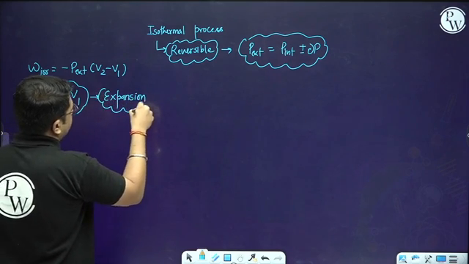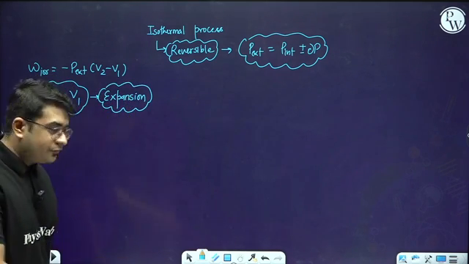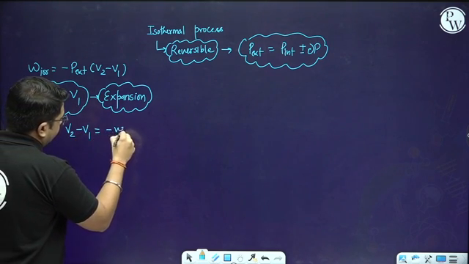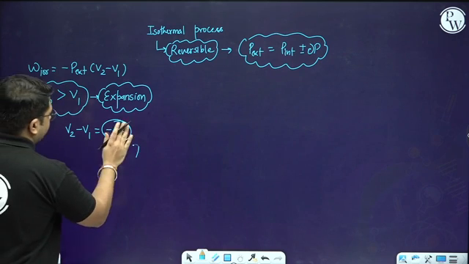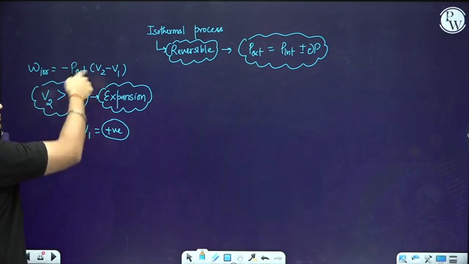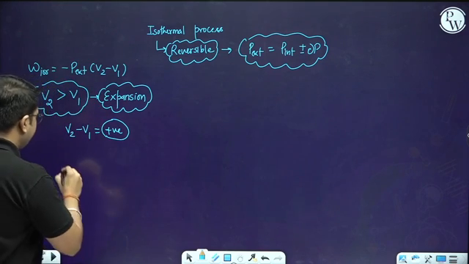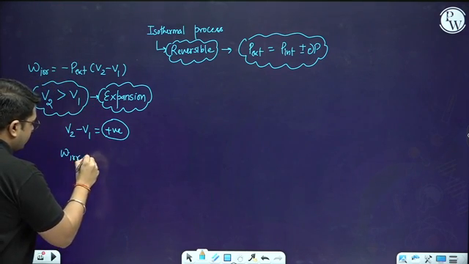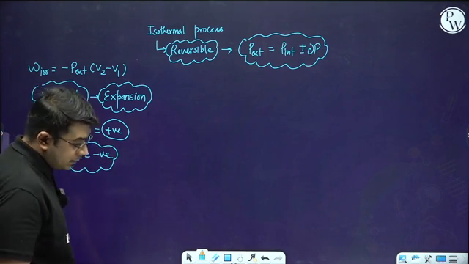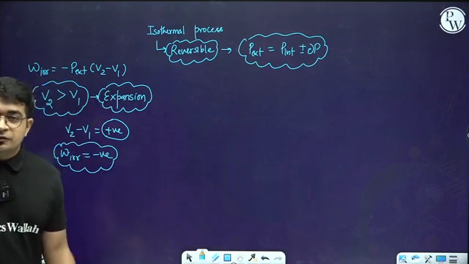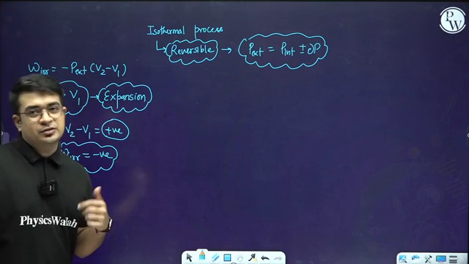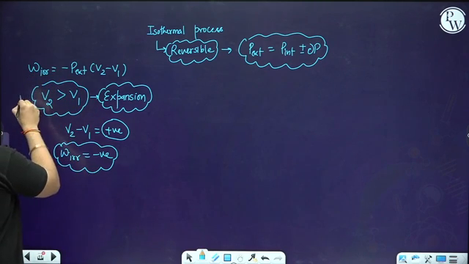Then V2 minus V1 will be a positive term, and when this positive part is multiplied with negative, W irreversible in that case will be negative. It means in case of expansion, work is done by the system, and when work is done by the system, it's always negative. This is the first part.